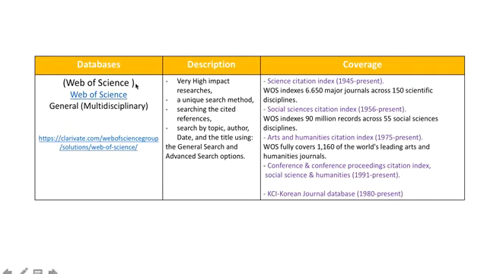If we start with Web of Science, actually Web of Science is general. That means it is a multidisciplinary database. It has very high impact research. It's a unique search method, and you can search by topic, author, date, and the title of the subject.